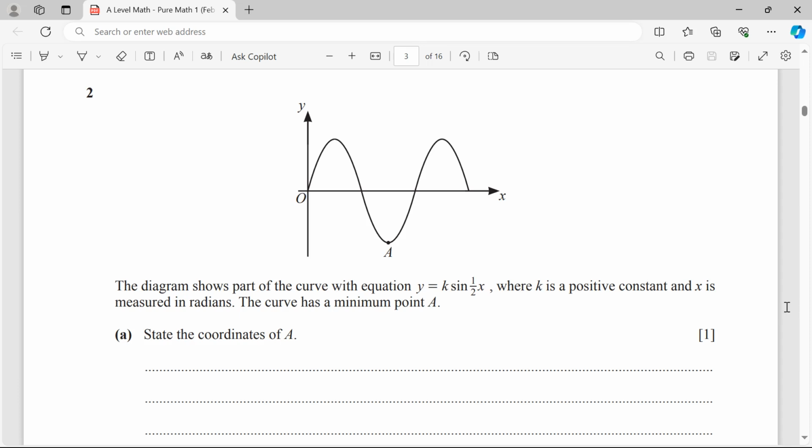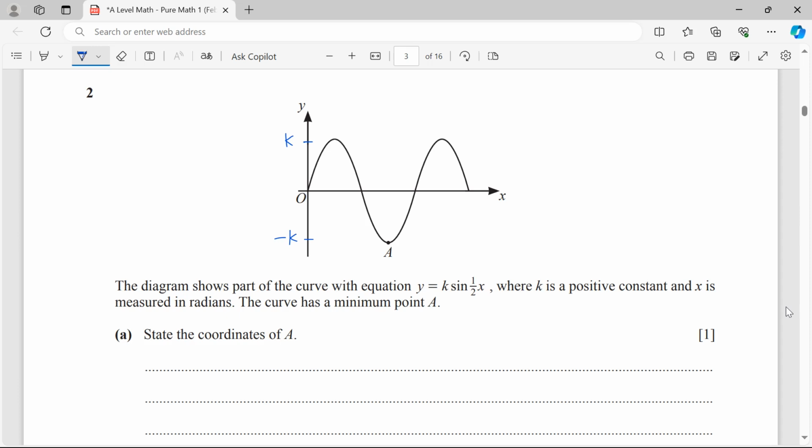The first question, we need to find the coordinates of A, which is the minimum point of the curve. Now, if you take a look here, the graph is actually the graph for sine 1 over 2x with the multiple of k here. That means the maximum value is k, and then the minimum value is negative k.